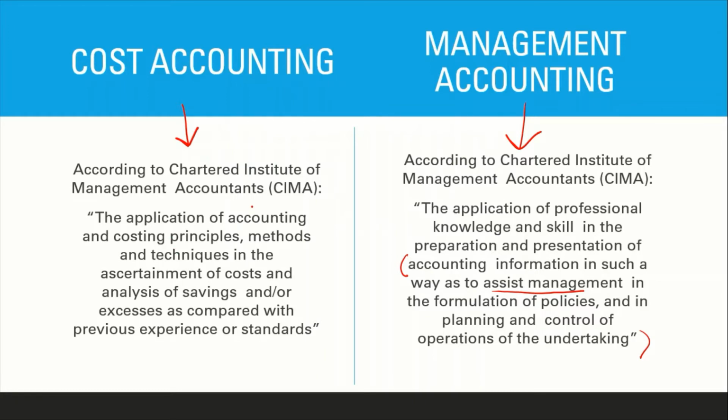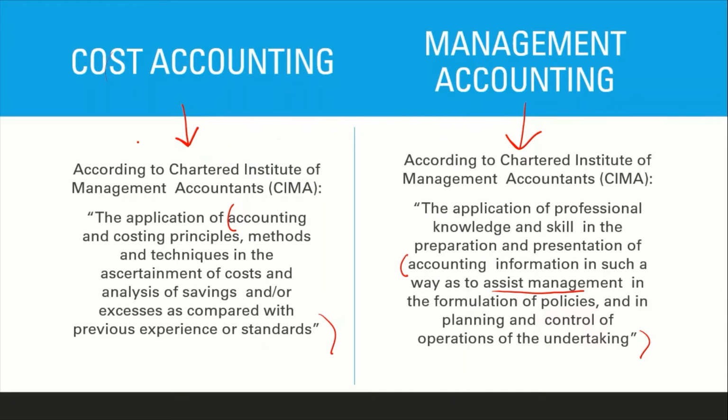While cost accounting is the application of accounting and cost principle methods and techniques in the ascertainment of cost and analysis of saving or excess as compared with previous experience or standard. These are regarding costs. They are used for costing, analyzing costing based on previous records and histories.